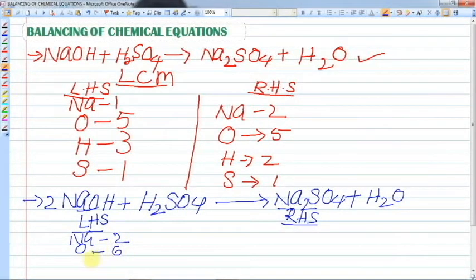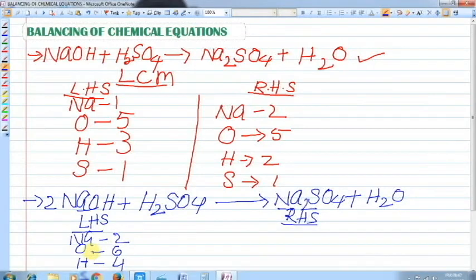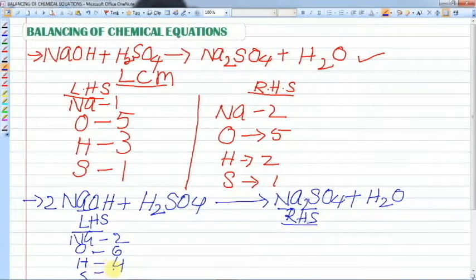Next, how many hydrogen atoms? 2 hydrogen plus 2 hydrogen, 4 hydrogen atoms. Sulfur atoms: 1 sulfur atom.